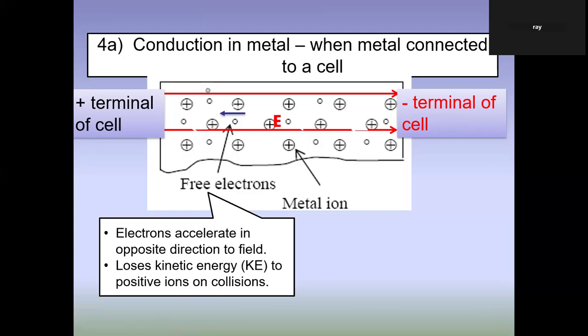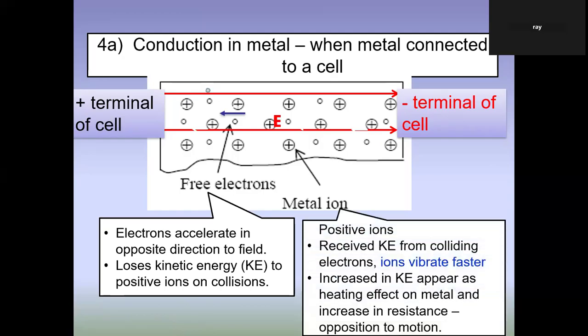That's why we have to keep on giving it energy to make it go forward. Whereas the positive ions receive kinetic energy from the colliding electron, which shows as vibrating faster. Increased kinetic energy appears as a heating effect on the metal and an increase in resistance.